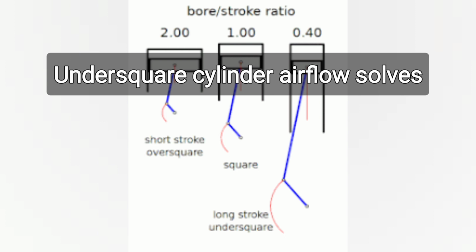If you want a higher chance of producing more RPM in an undersquare design, you need to learn how best to do it. Often in the past, they would use gearing.